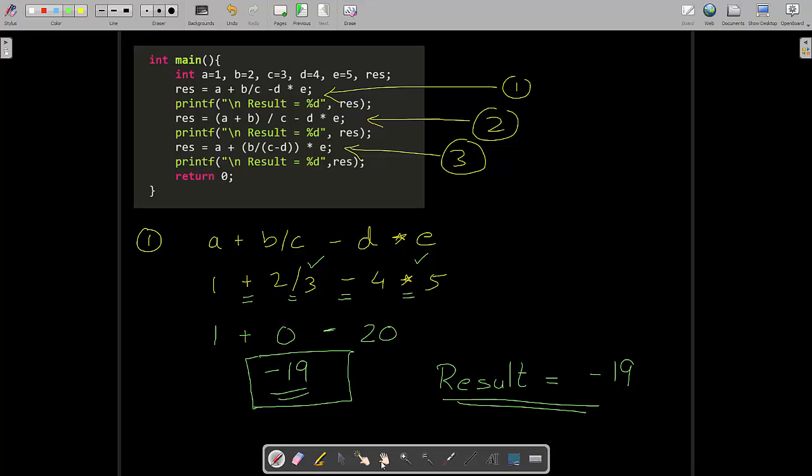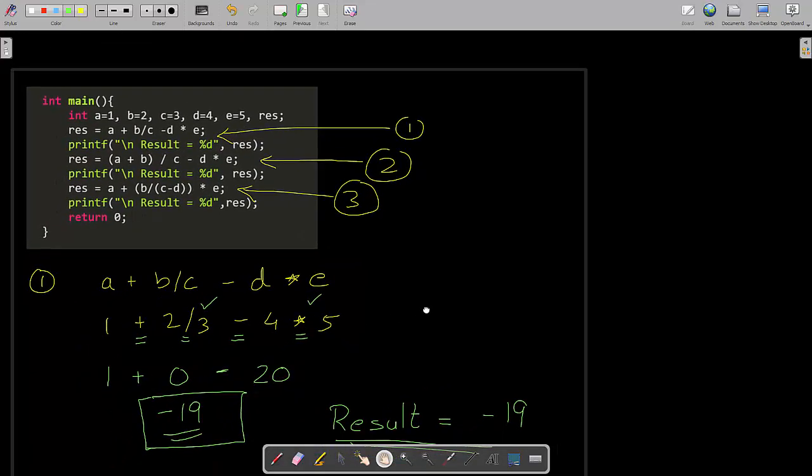Now let us look at the second one. In the second one, the expression is (a plus b) and so on. The important point to look at here is that you have parentheses. You should remember that parentheses are the first thing that will be executed.